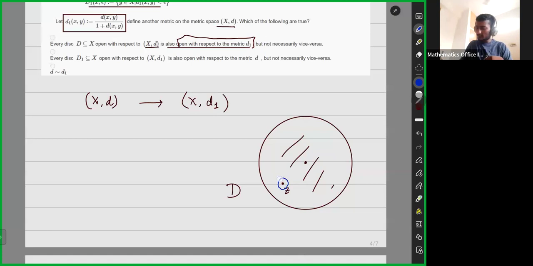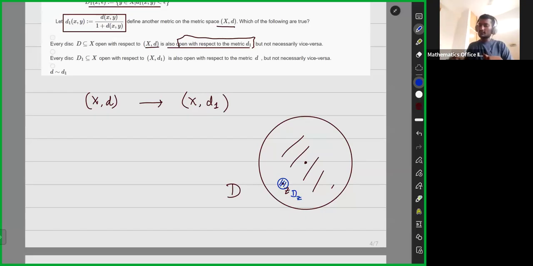We want this blue ball, let's say Dz, which should completely lie inside capital D. So how to prove this, how to get this small blue ball?